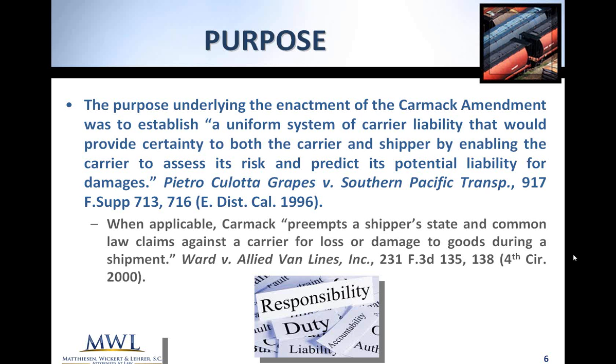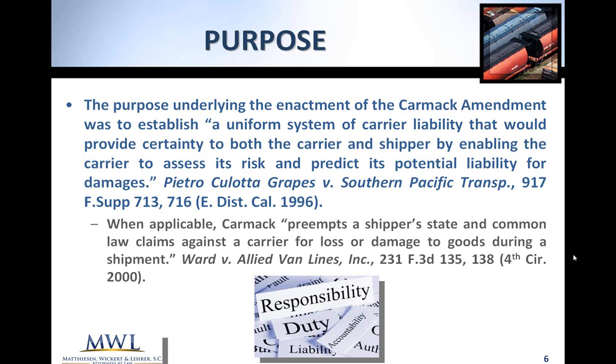It would be very difficult to have a shipment of goods be subject to certain rules and regulations as it passed through each state, and so that was also one of the driving forces behind implementation of Carmack and now the ICCTA.